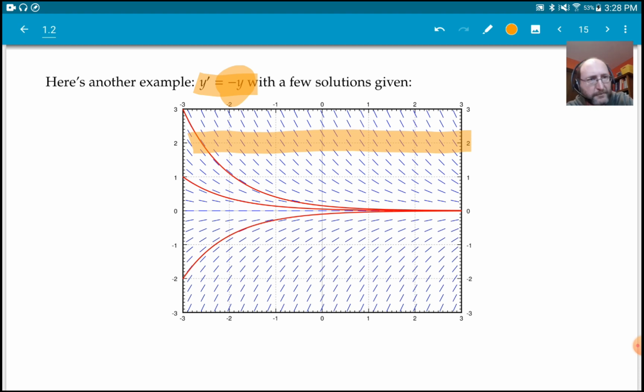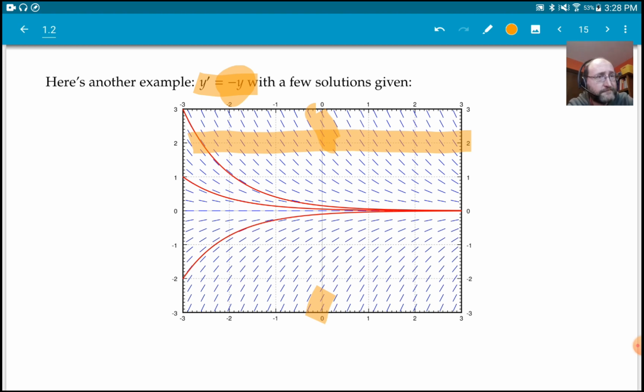If I'm below 0, then it's steeper up, because if I'm below 0, y is negative, minus y is positive, right? And the more negative y is, the more positive y prime is going to be. And exactly the opposite up here: the higher y is, the more negative minus y is going to be, which is supposed to be the y prime.